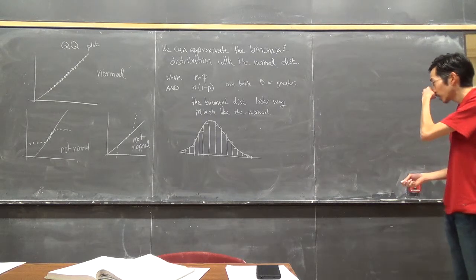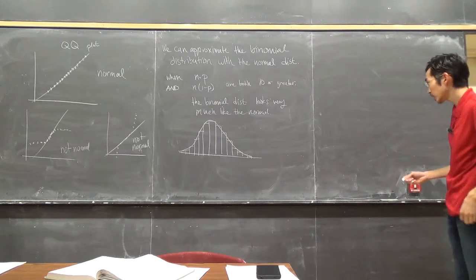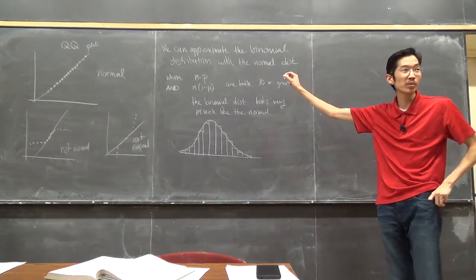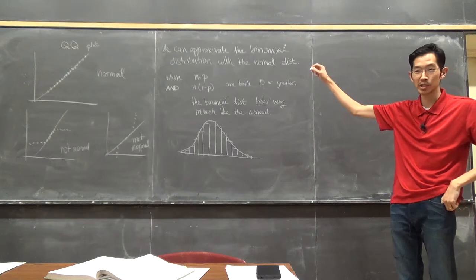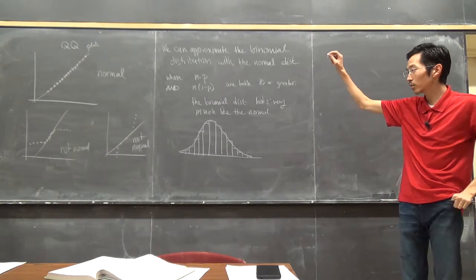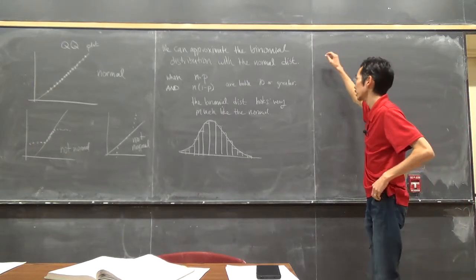Okay. So in the binomial distribution, you are given n and p somewhere in the statement of the problem, and you're looking for the probability of j successes. In the normal distribution, you need a mean and a standard deviation.